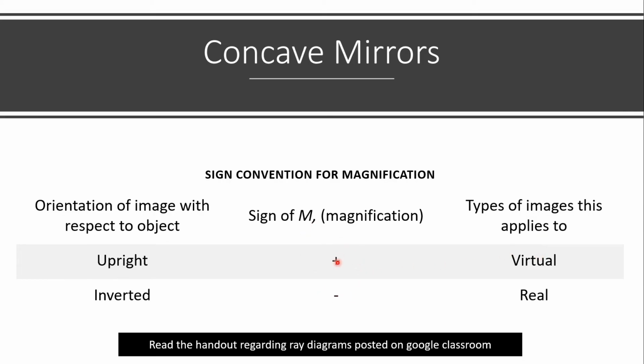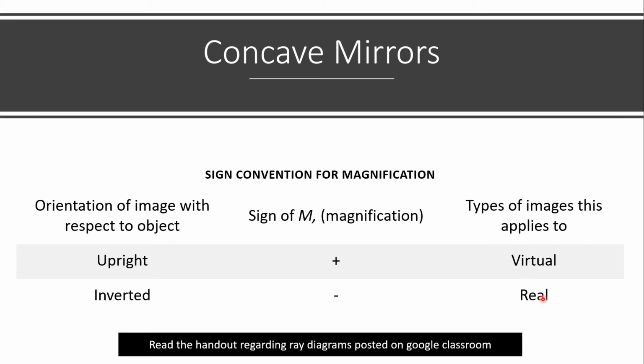If you've got a plus sign with the magnification, your image is a virtual one and it's going to be an upright one. If you've got this negative sign, that means you've got an inverted image, and it will form in the real space, towards the actual object, not beyond that virtual space of where the mirror was, right?